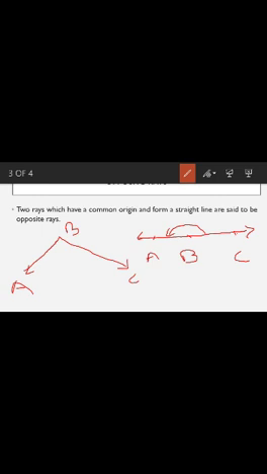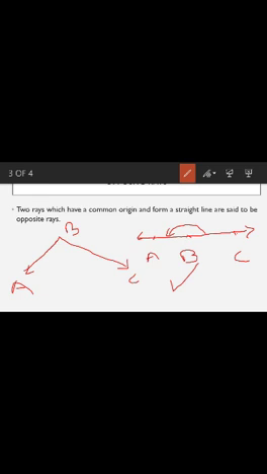Then which rays are the opposite rays? Yes, in the second figure, because these 3 points are on a line. The two rays, ray BA and ray BC, are the opposite rays.